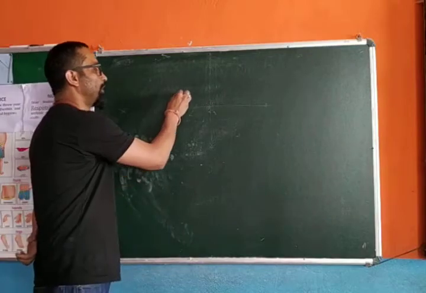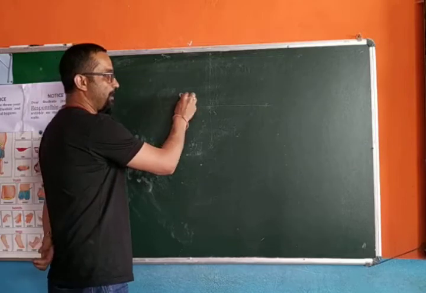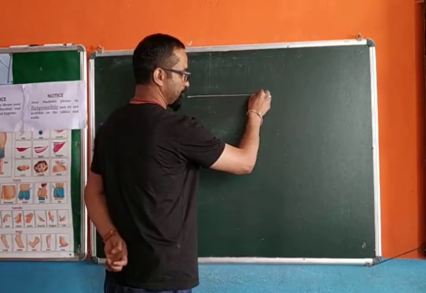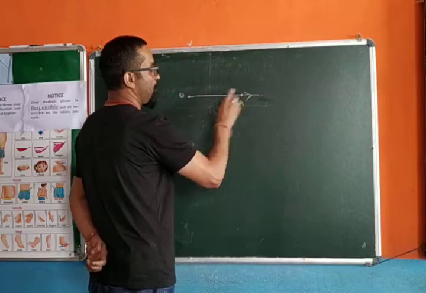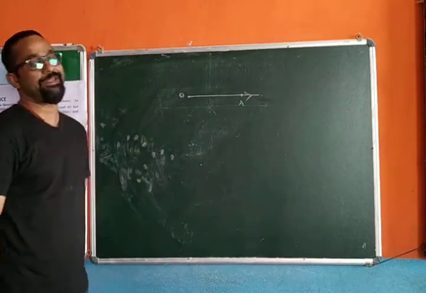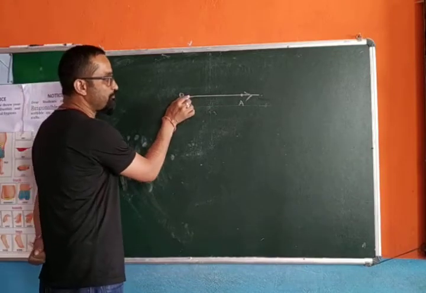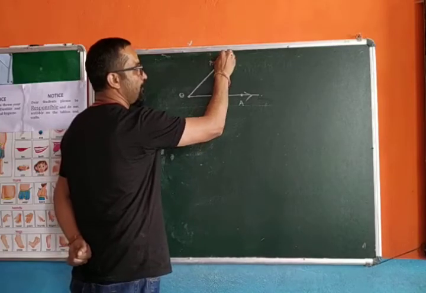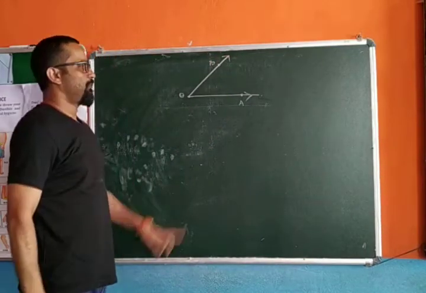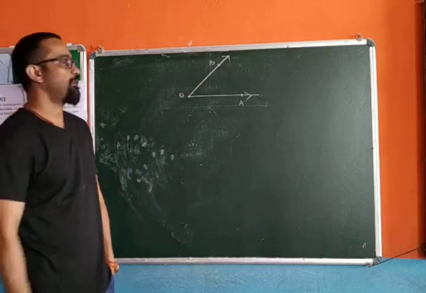O is a point. From O, one ray is starting. OA is a ray. If you consider another ray starting from O, we get an angle.